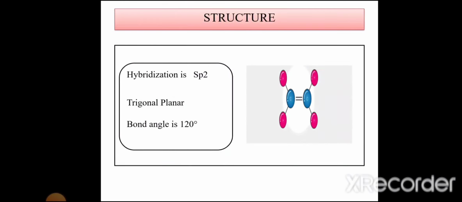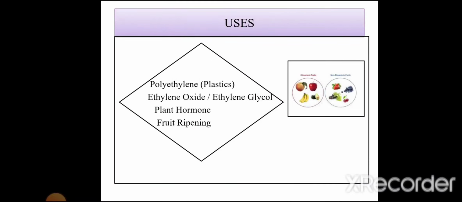In ethylene molecules, carbons are sp2 hybridized, so it has a trigonal planar structure and the bond angle is 120 degrees. Ethylene is used in polyethylene preparation, which is used to make food packaging, bottles, bags and other plastic-based goods.